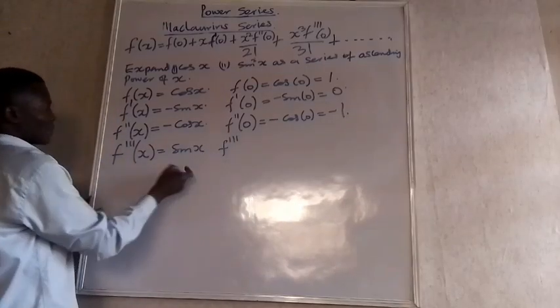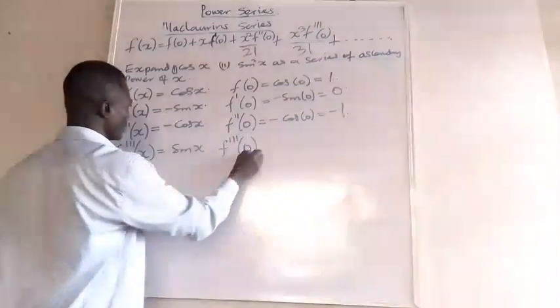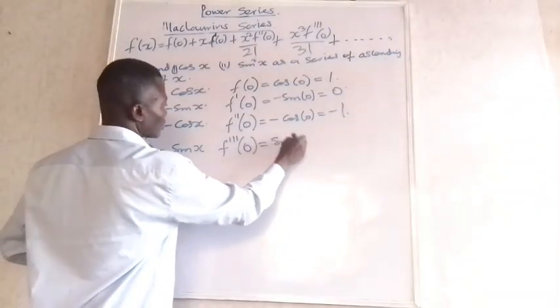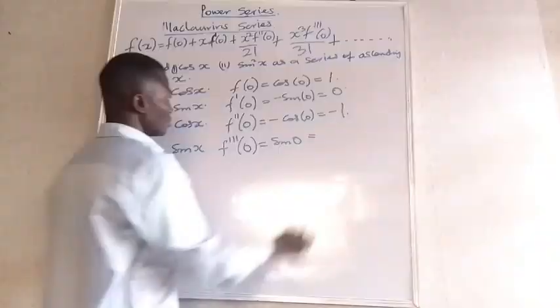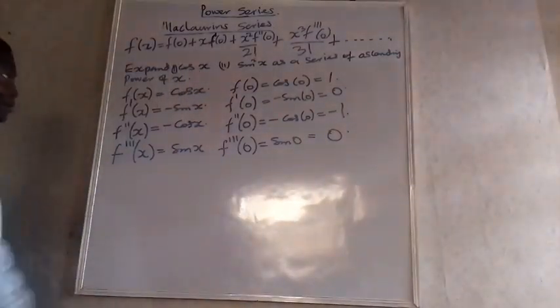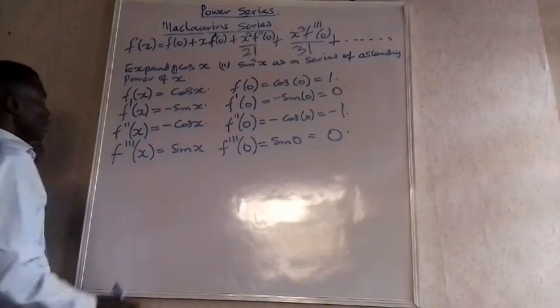Now see, I am differentiating over and over. And that is 0. That is 0. So what do I have here?